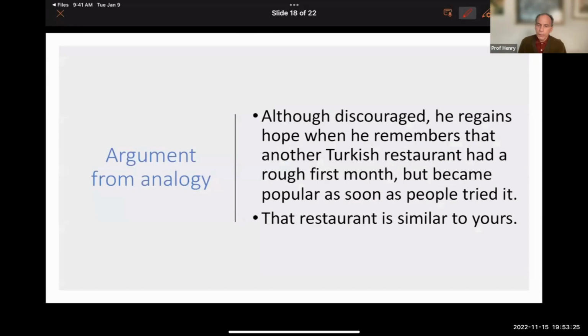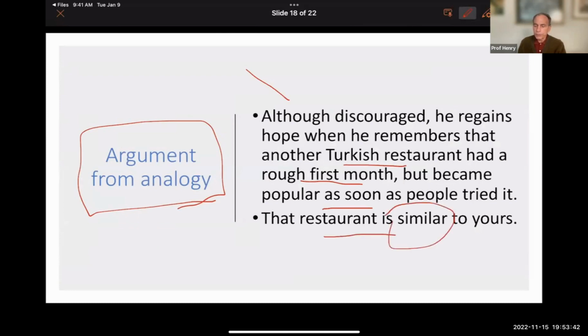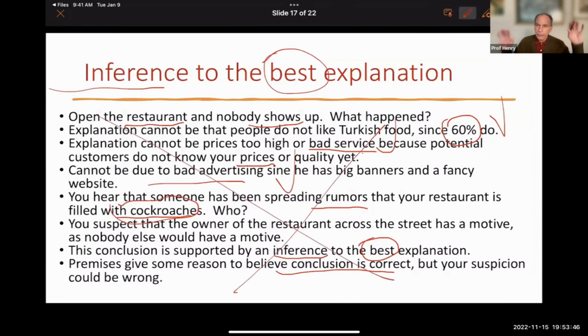So now this is where you can argue from analogy. Although discouraged, he regains hope when he remembers that another Turkish restaurant had a rough first month, but became popular as soon as people tried it. That restaurant is similar to yours. And now you're going to say, okay, I'm sorry, I don't want to blame the other guy.